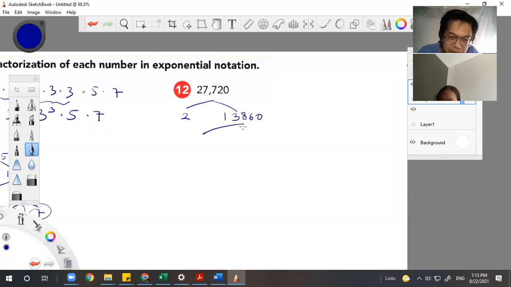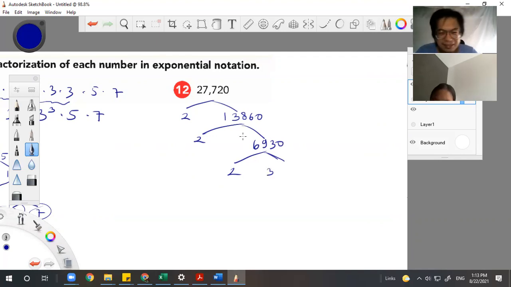Okay, next. 2 again. 6,930. Okay, next. 2 again. 3,465. Can you please use your calculator because I don't know where's my calculator. It's lost around the table.